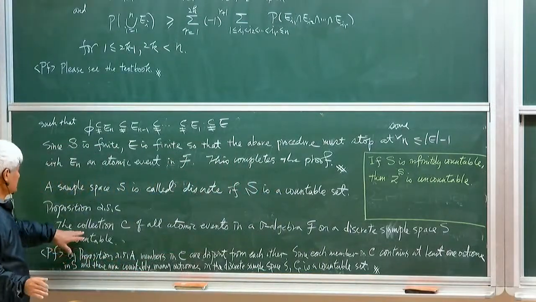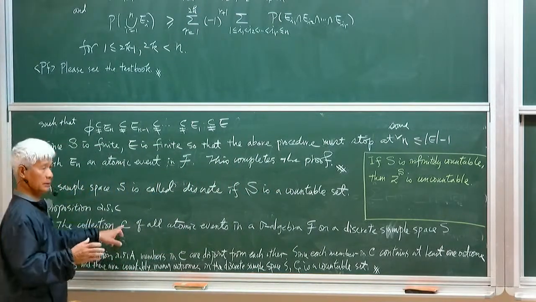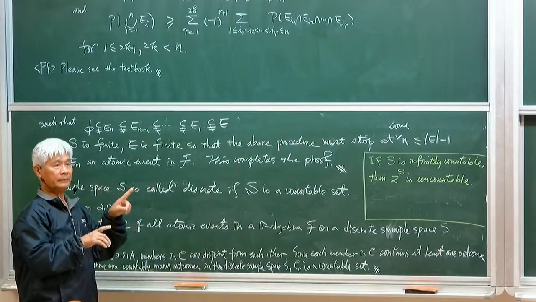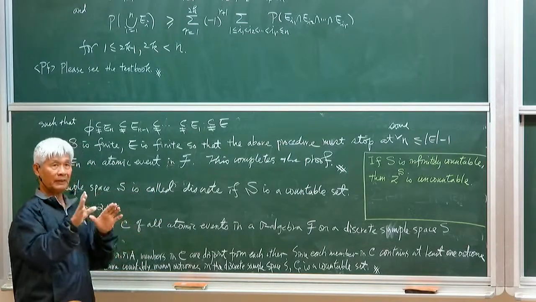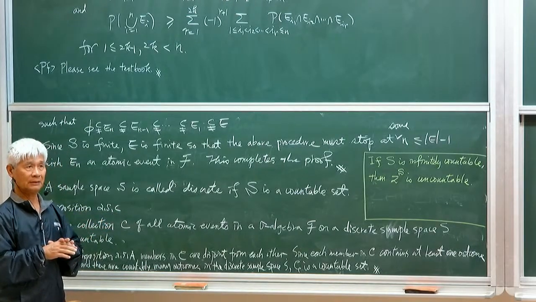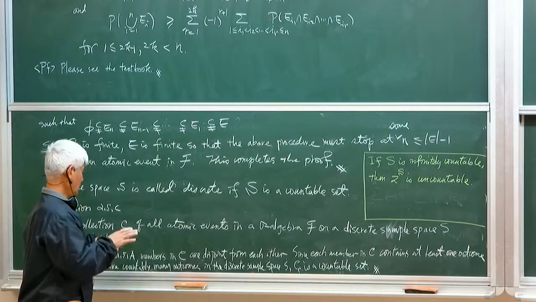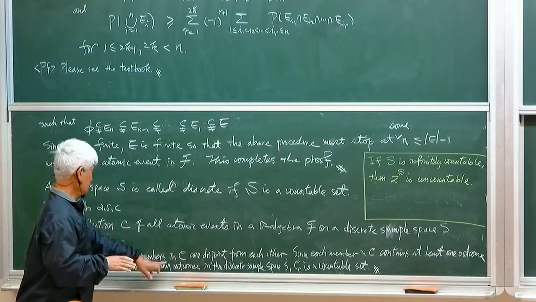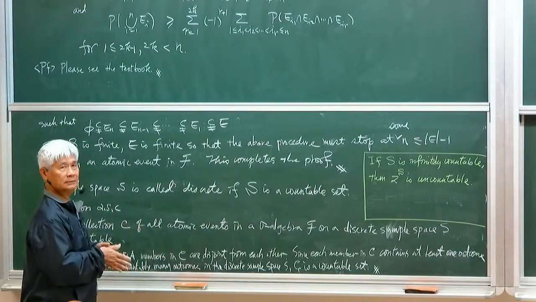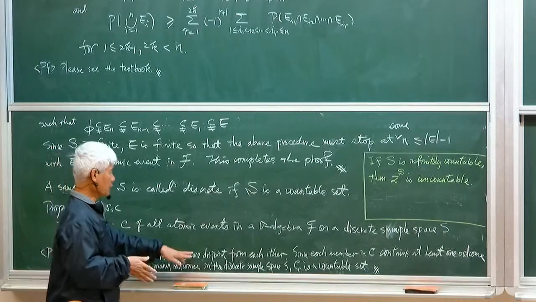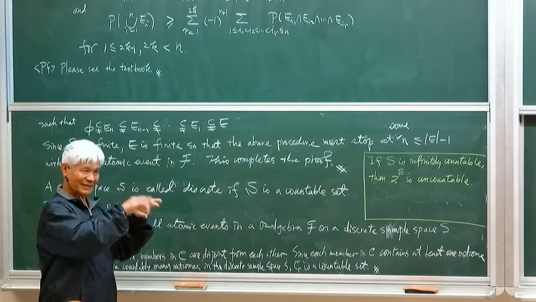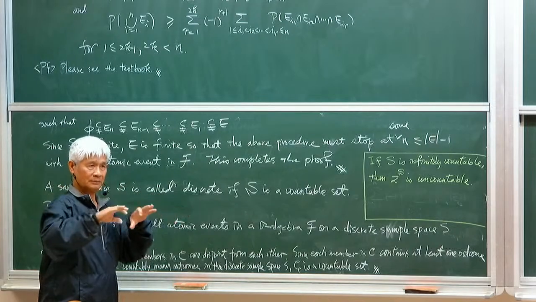Each member in the collection C contains one outcome because atomic events by definition are non-empty events. Every member in C contains an outcome, and because they are disjoint from each other, they contain distinct outcomes.